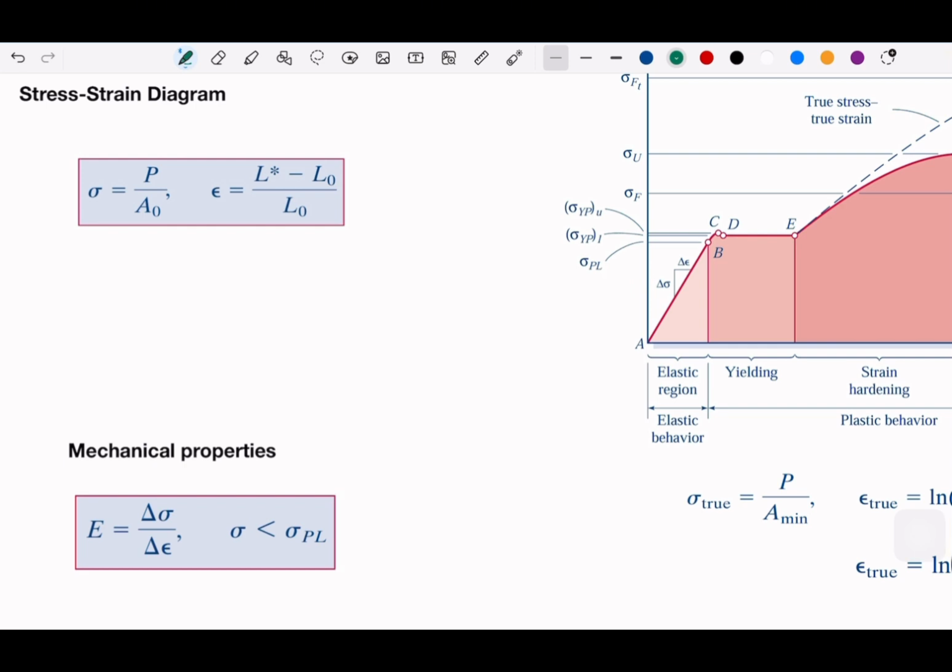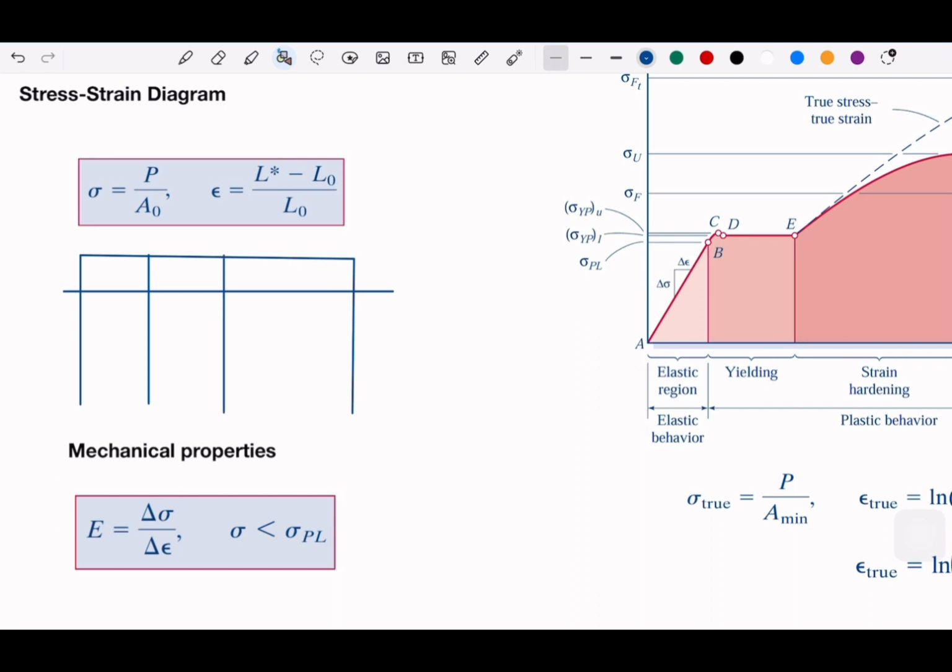If you are familiar with Excel, this is what you get. I should show you real data, but I need to look for one. Usually we have D and we have F, and then some number. And one by one, you are going to get this sigma and the strain.